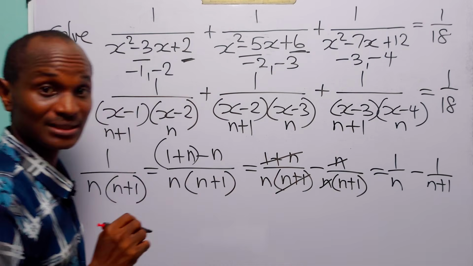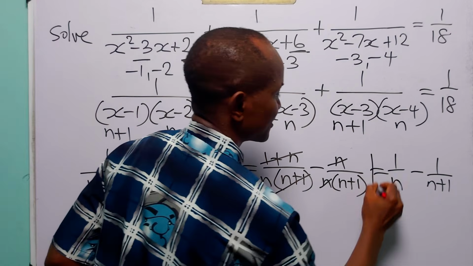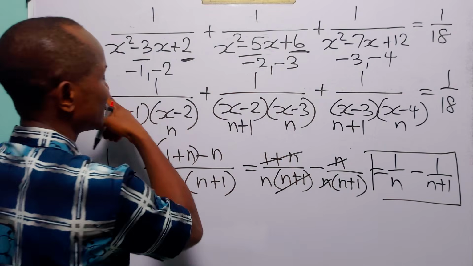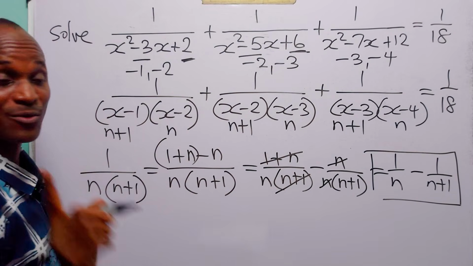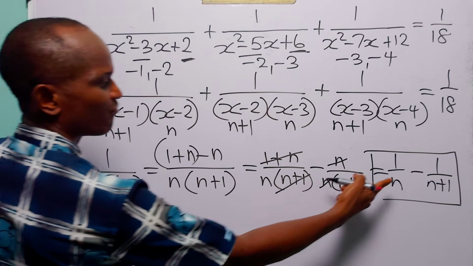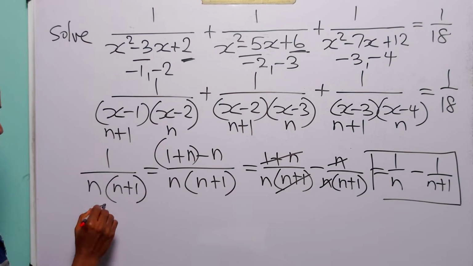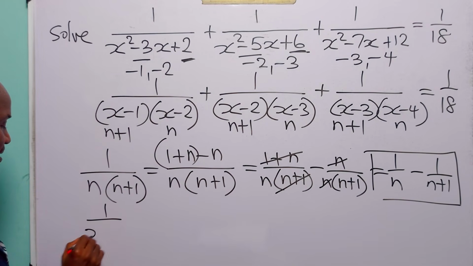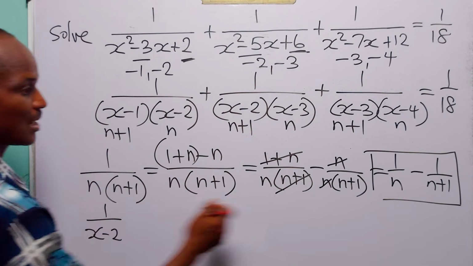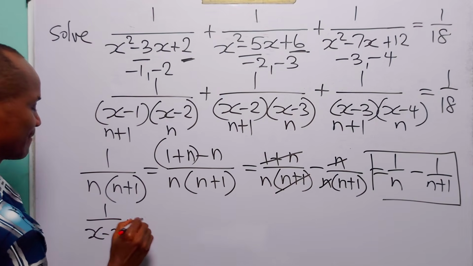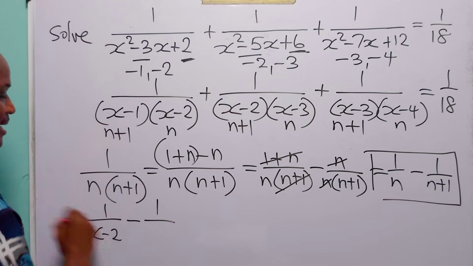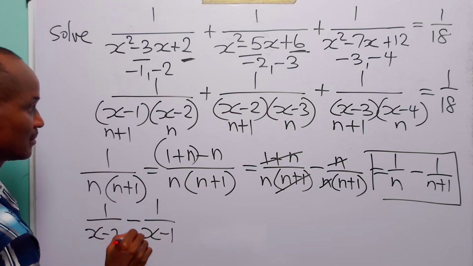So with this, we can rewrite the left-hand side of this equation as, now here we have 1 over n, that is 1 over (x - 2) minus 1 over (x - 1).